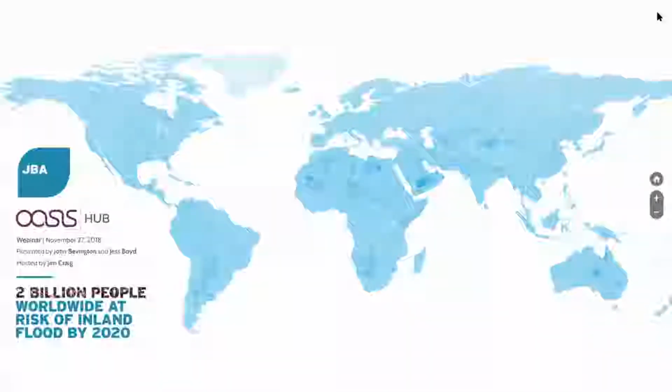Joining John is Jessica Boyd, and Jessica leads a team of catastrophe risk analysts at JBA, and they're undertaking a variety of projects for the reinsurance industry and for the disaster risk reduction sector. The team focuses on model evaluation, post-event response, portfolio analytics, and also bespoke consultancy projects as well. So both Jess and John have a huge amount of experience working on overseas projects, which you'll hear about in a moment, as we're going to take you on something of an inspiring world tour.